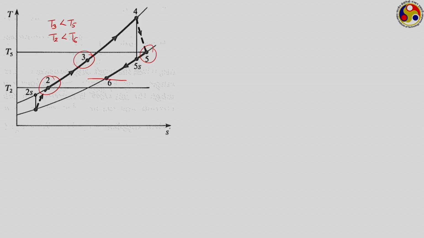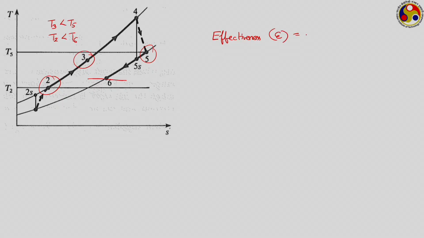We generally prefer defining an effectiveness, as I have just mentioned. Effectiveness for a regenerator is similar to the way we define effectiveness for any heat exchanger. Let us say epsilon. It is given as the actual rate of heat transfer divided by the maximum possible rate of heat transfer. Now, if we think from the air point of view, the actual energy gained by the air is equal to the actual enthalpy change of the air, that is H3 minus H2.